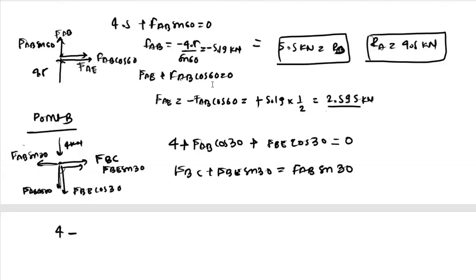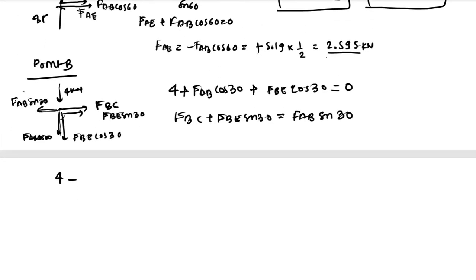FAB was minus 5.19. So minus 5.19 into cos 30 plus FBE cos 30 should be 0, which makes FBE as 5.19 cos 30 minus 4.